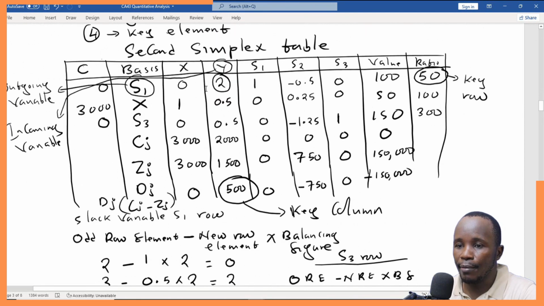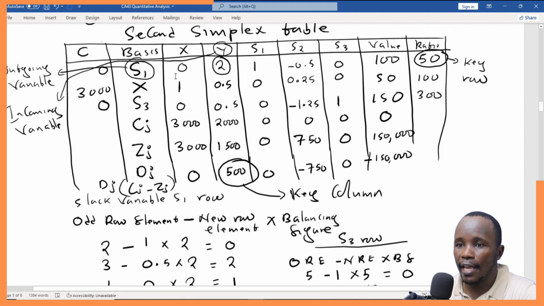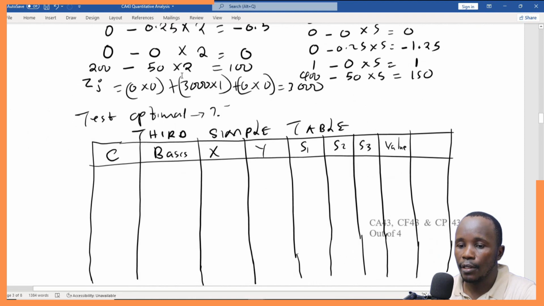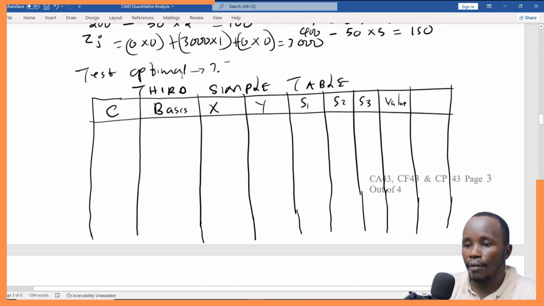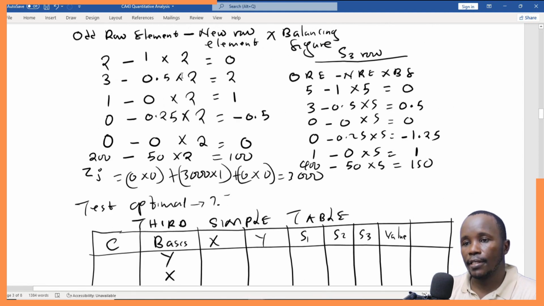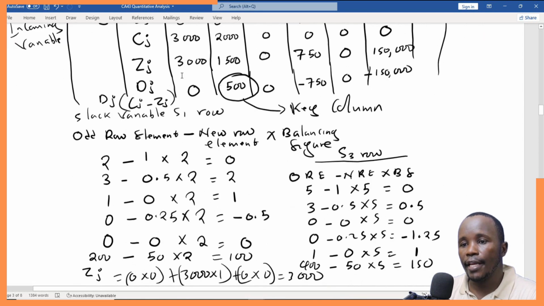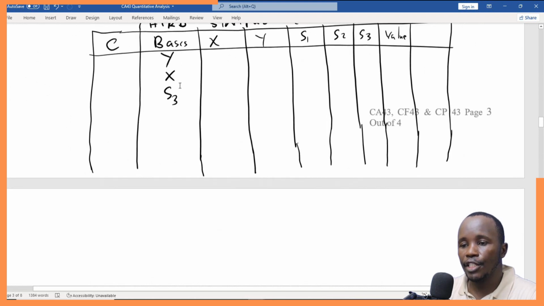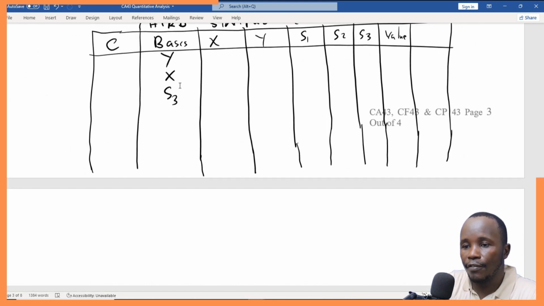How do we fill our table? We replace S1 with Y. So the basis here, we shall have Y, X, then S3. Then CJ, ZJ, and DJ.